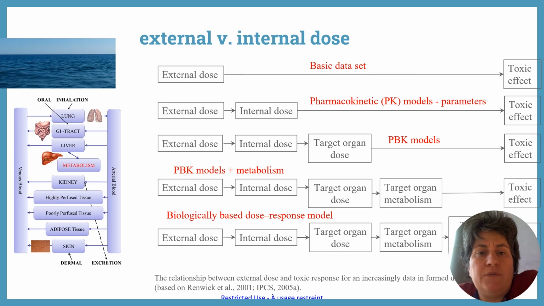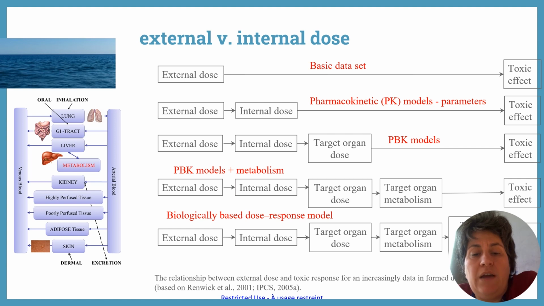It's important to know that when we try to go from an external to an internal dose and understand from the external dose what the toxicological effect is, we can have different types of data informing us. Here you can see a really nice description of the relationship between external dose and toxic response, informed by different types of data availability.